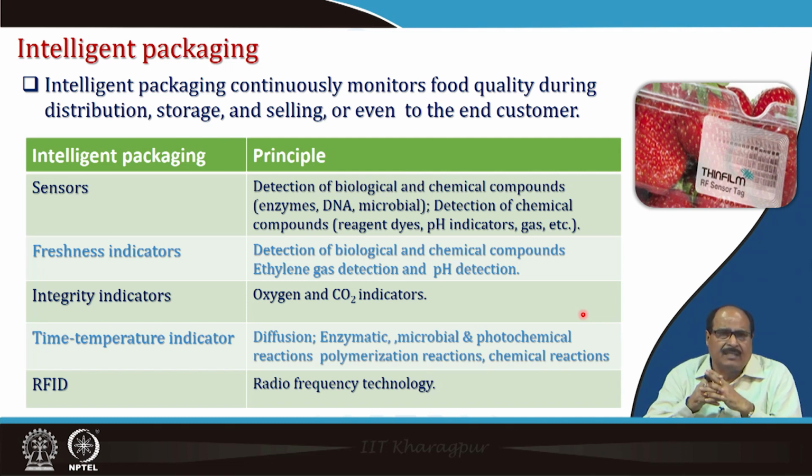Now, let us discuss intelligent packaging. As I told you earlier, intelligent packaging continuously monitors food quality during distribution, storage and selling, or even to the end customer, and it informs the customer about the quality and other parameters of the food inside. In intelligent packaging, various sensors are used.